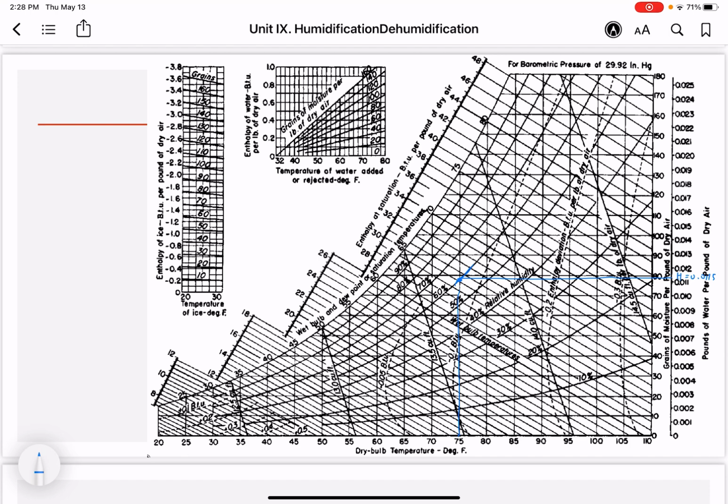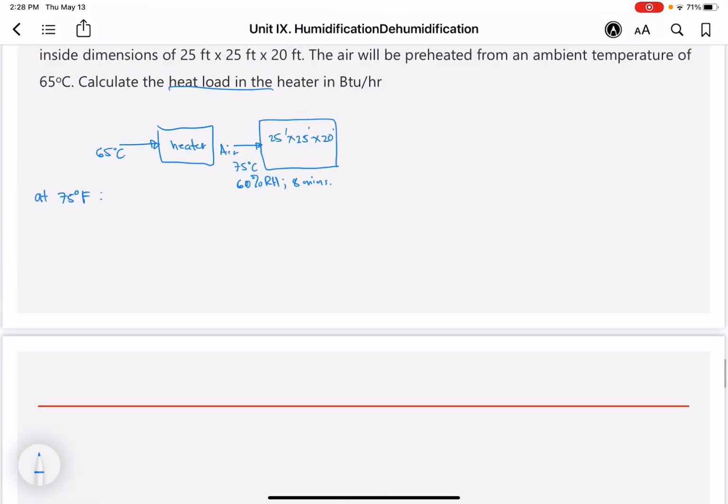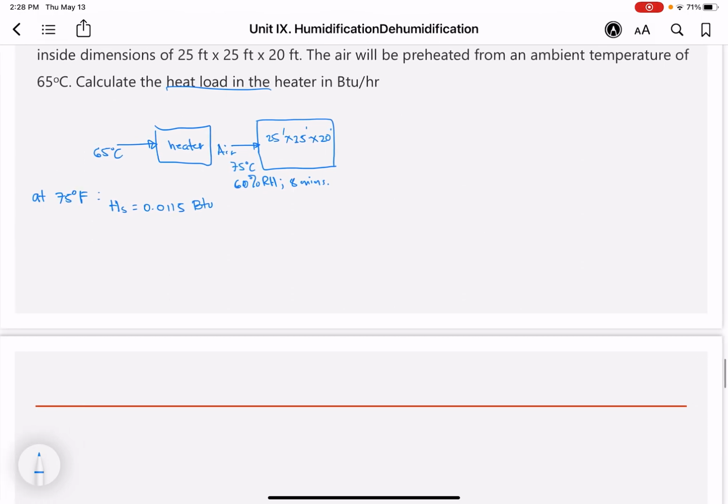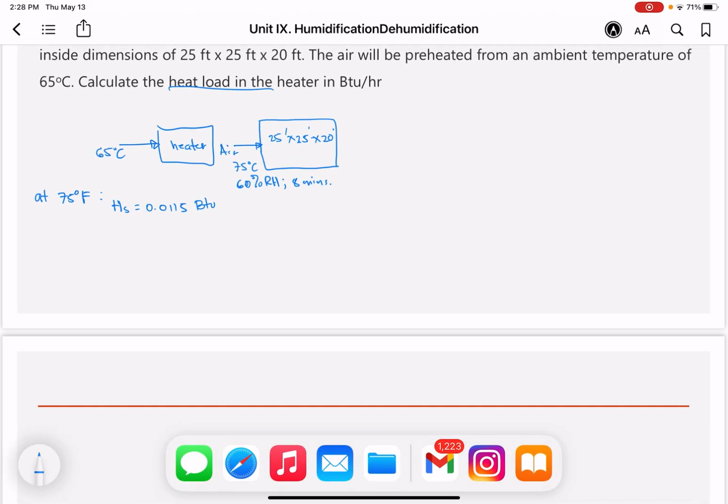Okay, so we go back. So at 75 degrees, your saturation humidity HS is 0.0115. That's in BTU, sorry, pound per pound dry air.